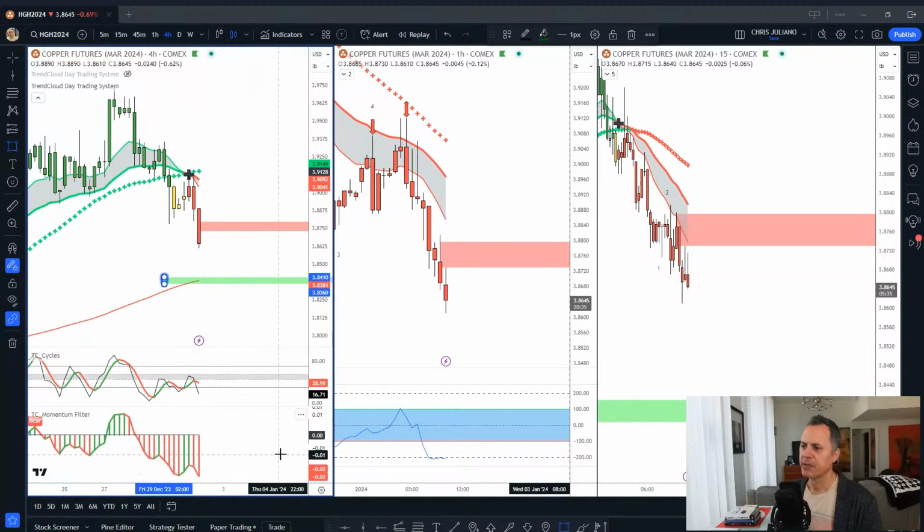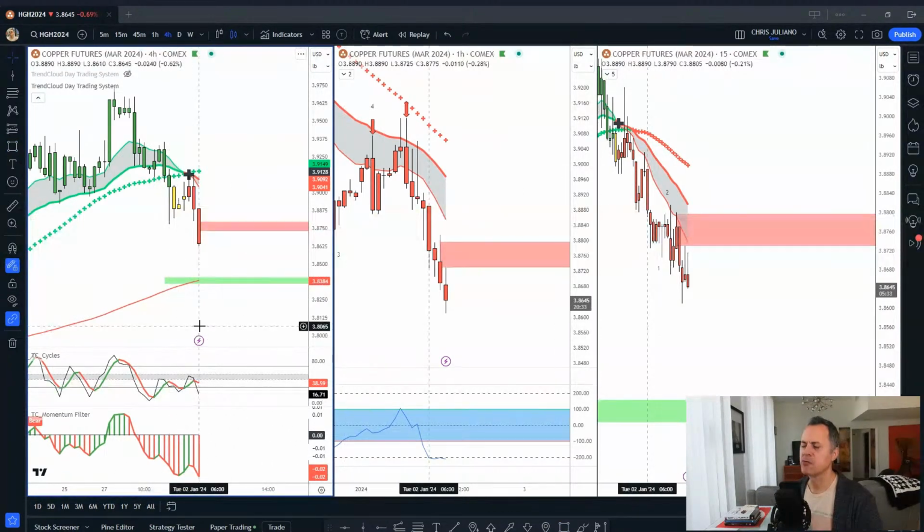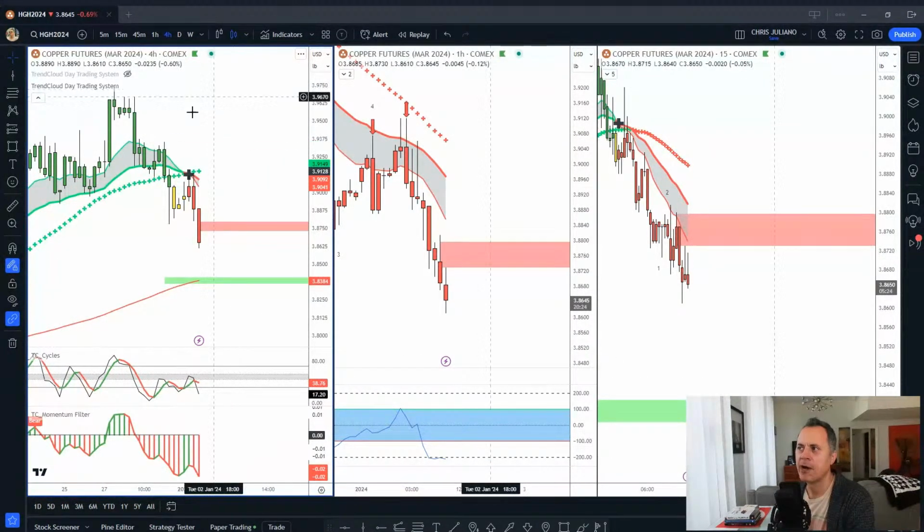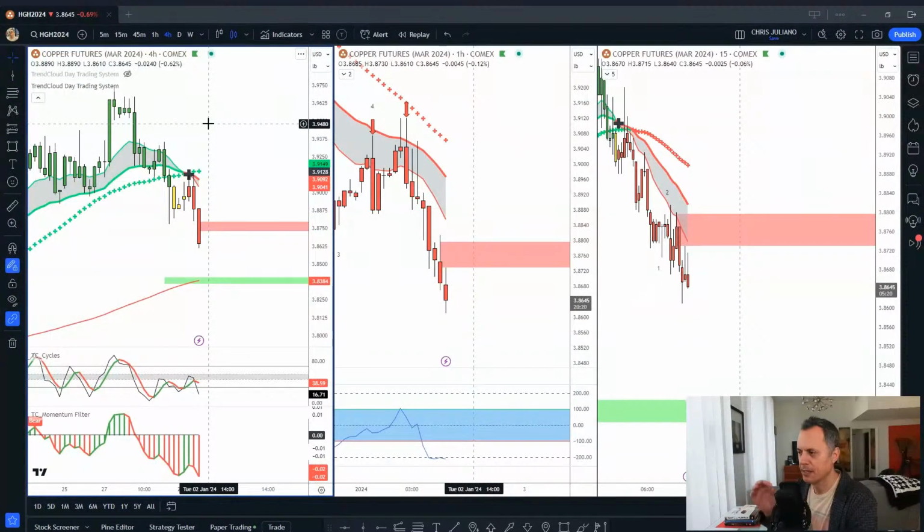Oh, look at this. What do we have here? We've got the 200 simple moving average. We always use the 200 and the 100 simple moving average on our highest time frame because everybody is looking at that. And that is the fifth element of TrendCloud, support and resistance, right? That's the fifth element.